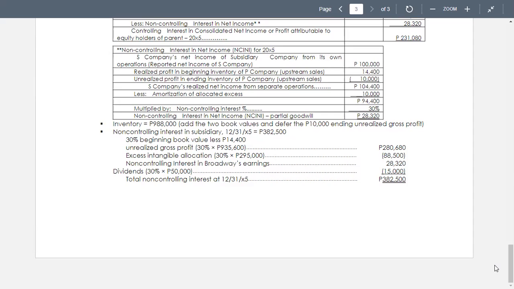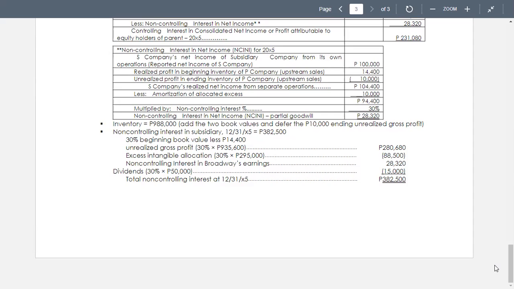So if the controlling interest is 240,300, the non-controlling interest is the amount of 8,700. 8,700 may be computed as we have S company's reported net income, so net income from own operations of 50,000.